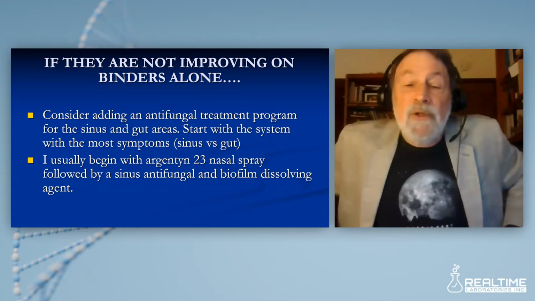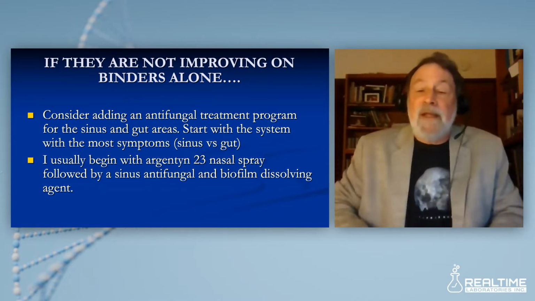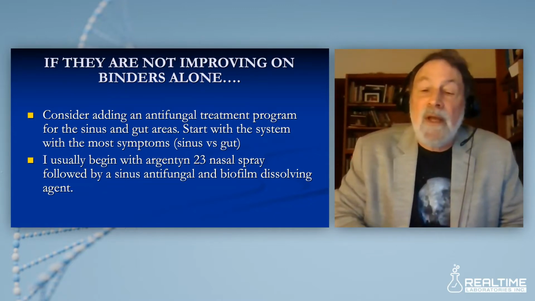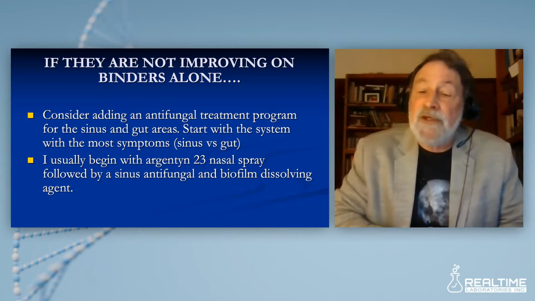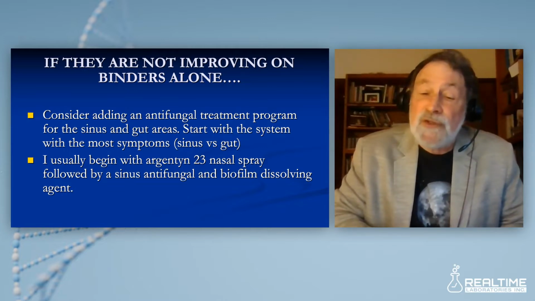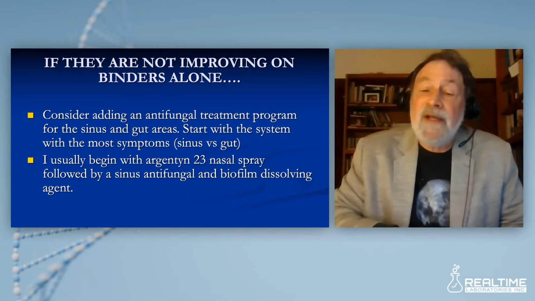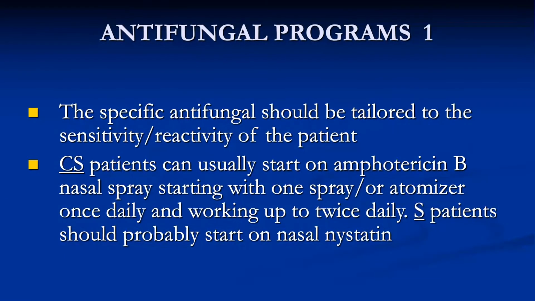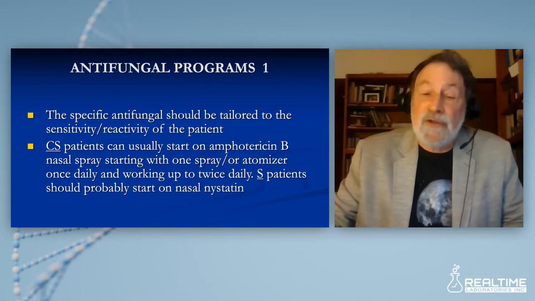Okay, so I will usually begin treatment gently with a colloidal silver in the form of Argent 23 as a nasal spray, followed by a sinus antifungal and biofilm dissolving agent. The specific antifungal should be tailored to the sensitivity and reactivity to the patient, just like the binders were.